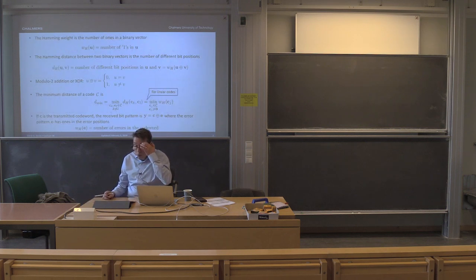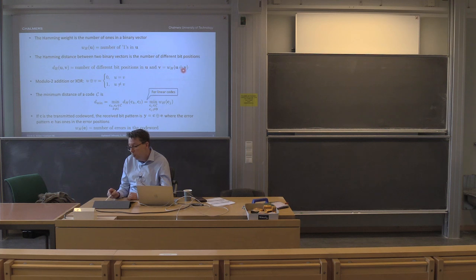Okay, so then we talked about the Hamming weight of a code, or Hamming weight of a binary vector, and that's just the number of ones in the binary vector. The Hamming distance between two binary vectors is the number of positions in which the two vectors differ. So the Hamming distance between u and v is the number of bit positions where u and v differ, which is the same as the Hamming weight of u plus v.